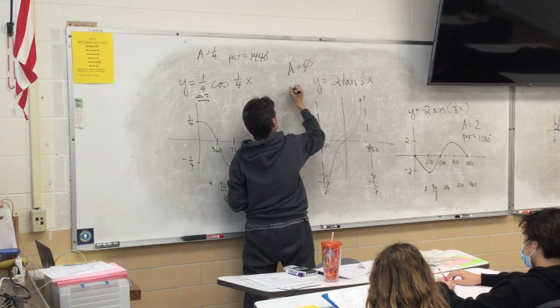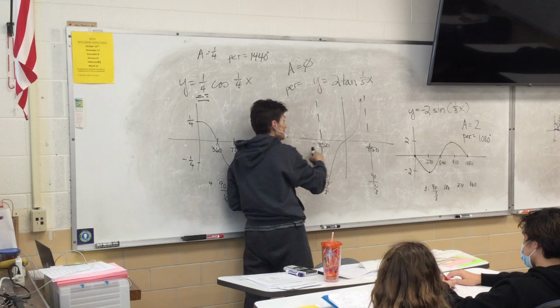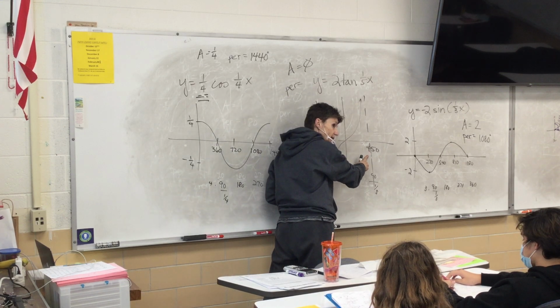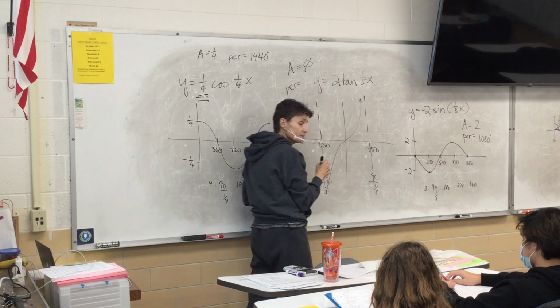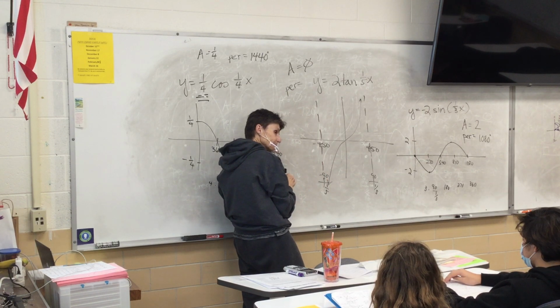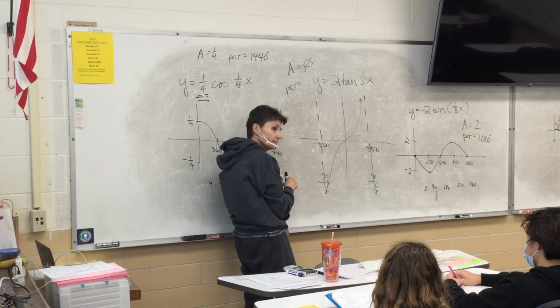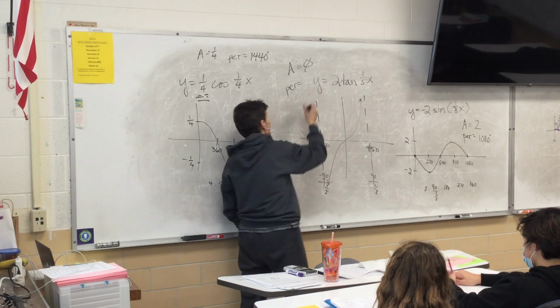We have no amplitude, but we do have a period. From negative 450 to positive 450 is 900.